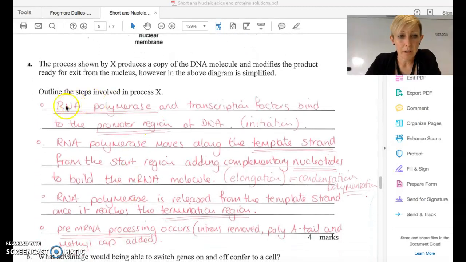Consider the key terms that you're looking for here, and the activity we did directly before the test should help you. Outline the steps. I wanted RNA polymerase, the promoter region, the template strand, adding free nucleotides to build a pre-messenger RNA molecule using the condensation polymerization reaction.